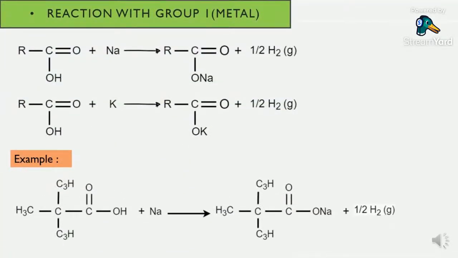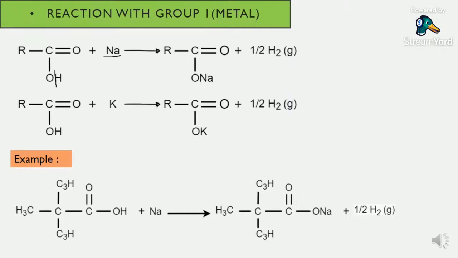So firstly, we must know which bond needs to be broken. Given here is the carboxylic acid. So firstly, we must break the OH bond over here. So the O over here will combine with group 1 metal. Here we use Na as group 1 metal.